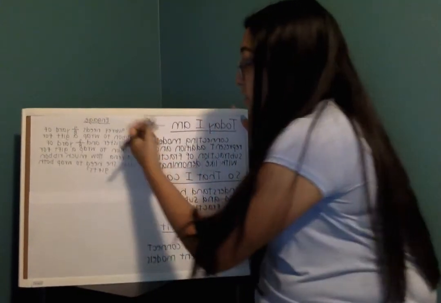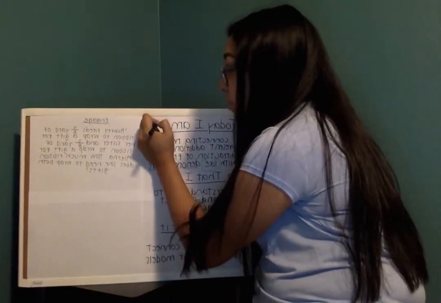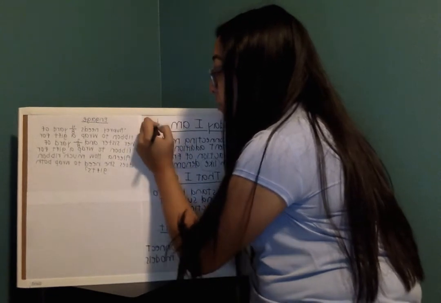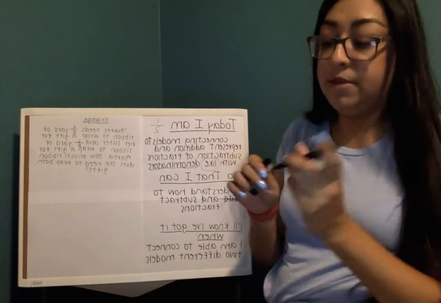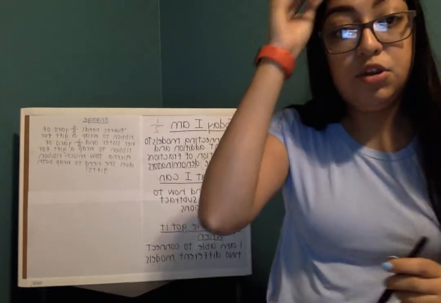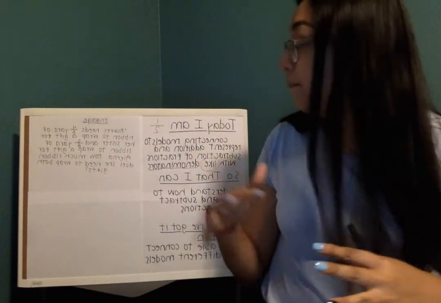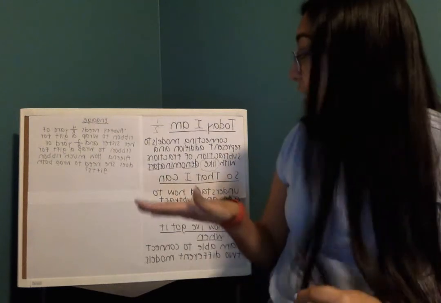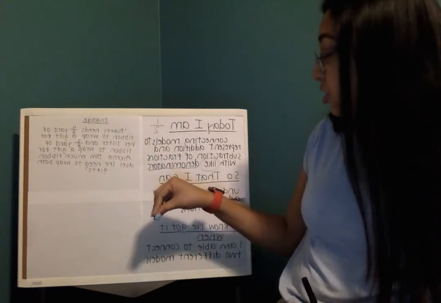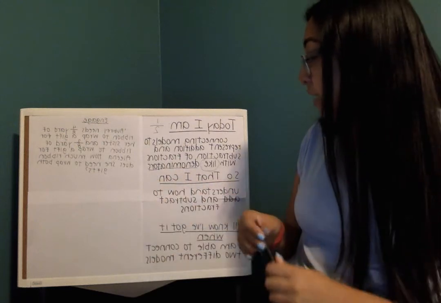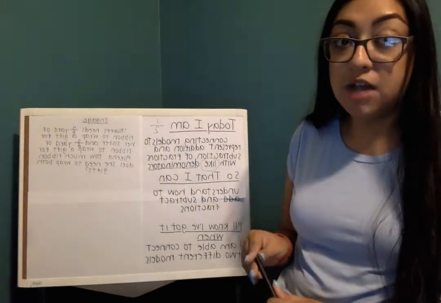So we're going to have some number, let's say 1, and then we're going to have some number at the bottom. And so that first number up top is going to be the numerator, when the bottom one is going to be the denominator. So we're going to connect models to represent addition and subtraction of fractions with like denominators.